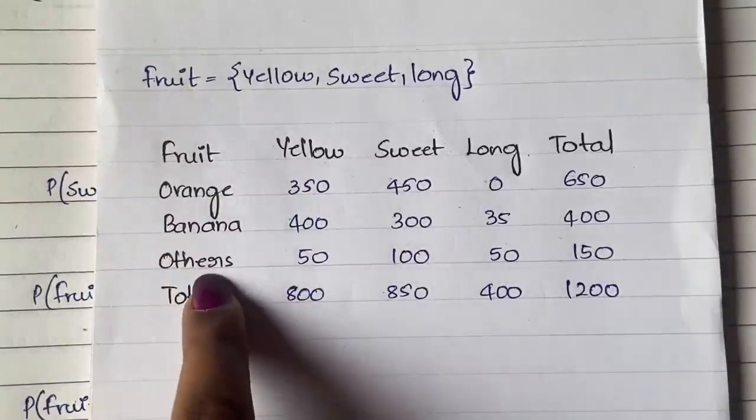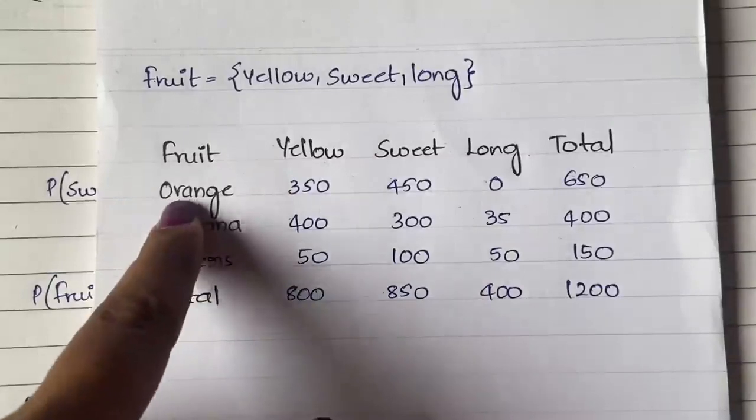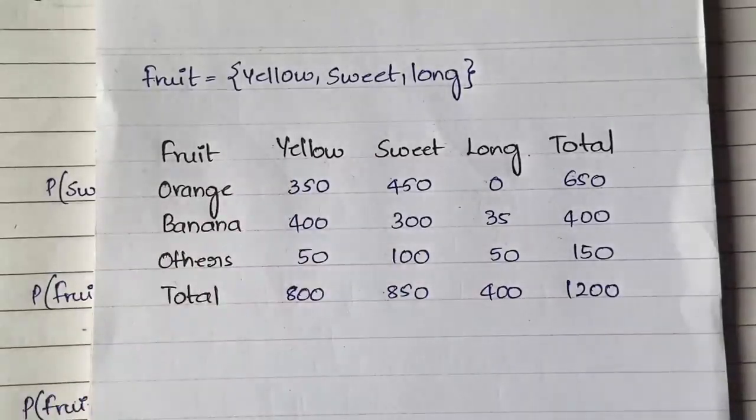So among these fruits, which one has the most probability of being a yellow one, a sweet one, and a long one? That is what you need to find out by the end of the video. By the end of the topic, you're going to classify a fruit which is more yellow, more sweet, and more long.